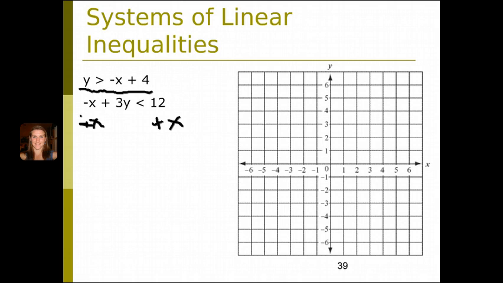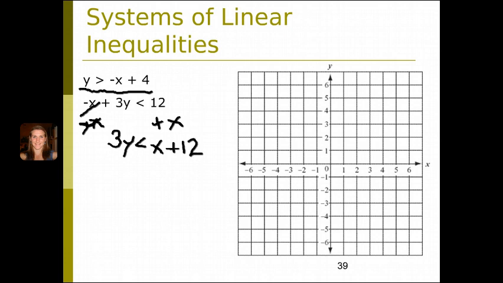This would cancel my x's on this side. I can bring down my positive 3y, bring down my inequality symbol, less than. I cannot combine my 12 plus x, so I rewrite them as x plus 12.